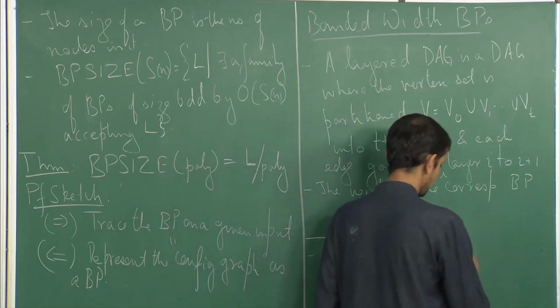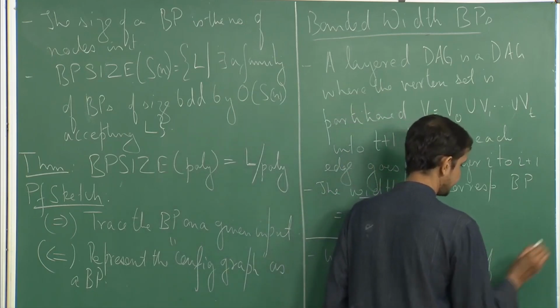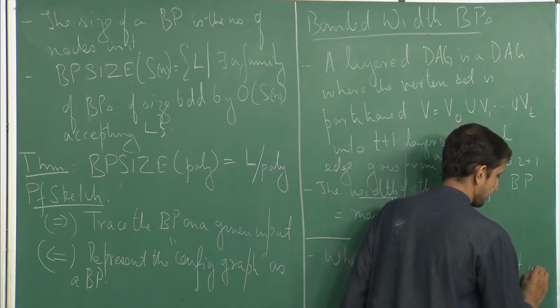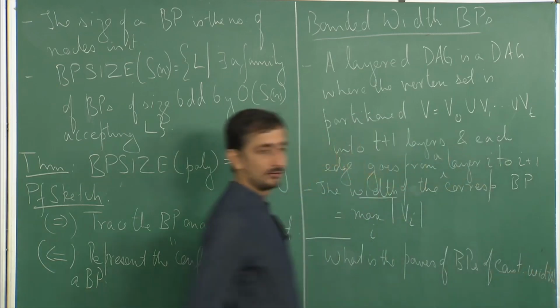So what is the power of branching programs of constant width? This is the question that we ask.